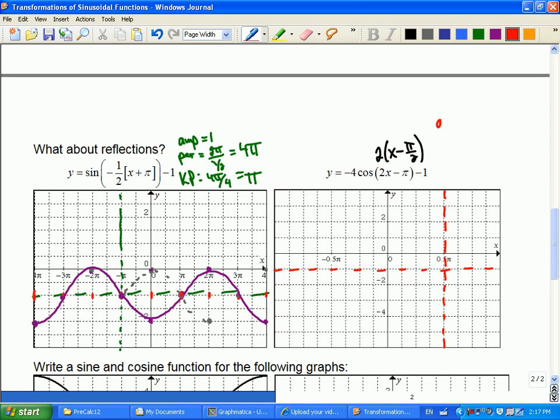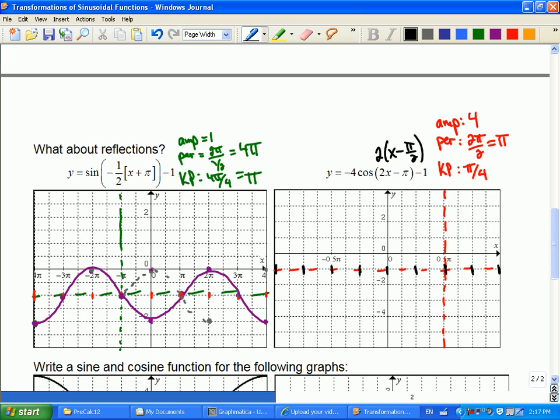And my amplitude, which is 4. My period, which is 2 pi over 2, so it's pi. And then my key points, which are going to show up every pi over 4. So here's where I'll find key points. Every pi over 4, I'll find a key point somewhere along here.